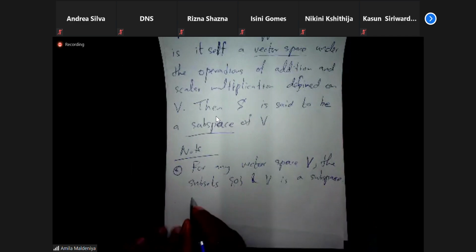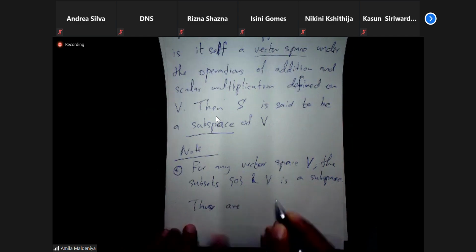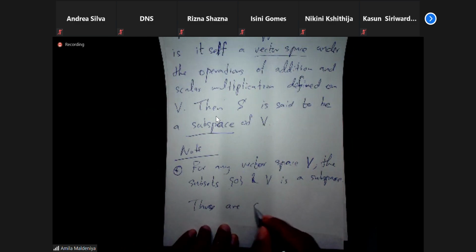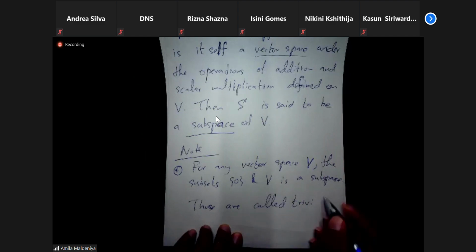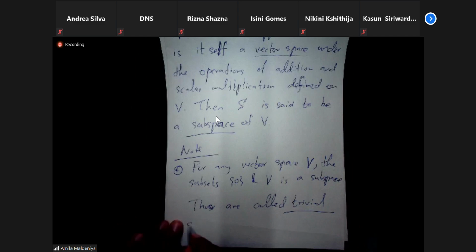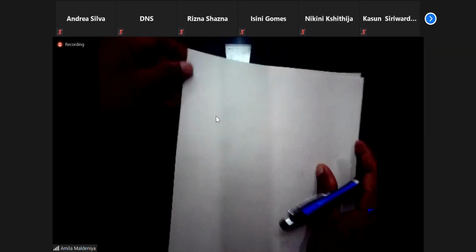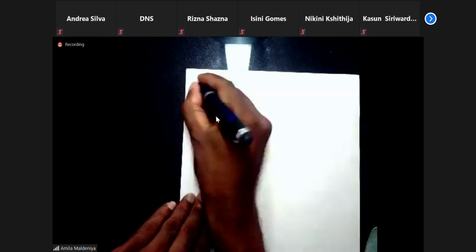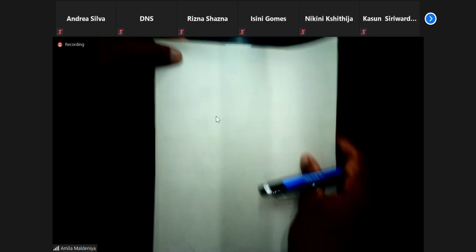Next, let's look at another thing. So trivially, the whole set V and the 0 element are subspaces.